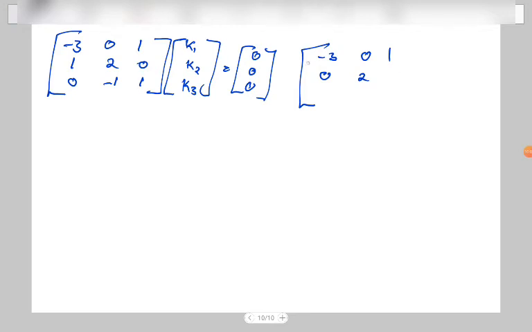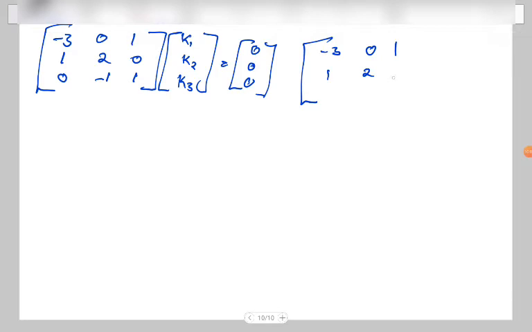Okay, so here I want to make this 0. First thing, I can just switch these two rows, since this one already has 1 and I need 1 here. I can say row 1 exchanges with row 2. Remember, this is a row operation and it has no effect on the solution, so it's going to be this now, and minus 3 0 1, 0 minus 1 1.